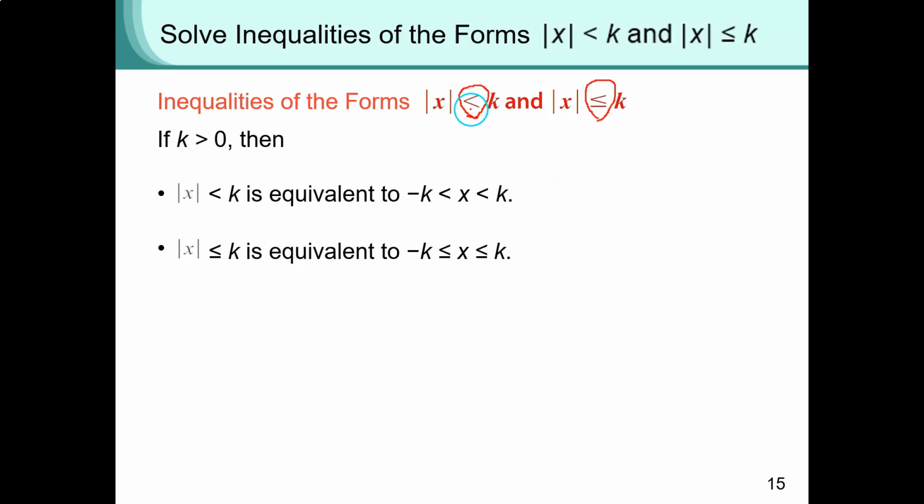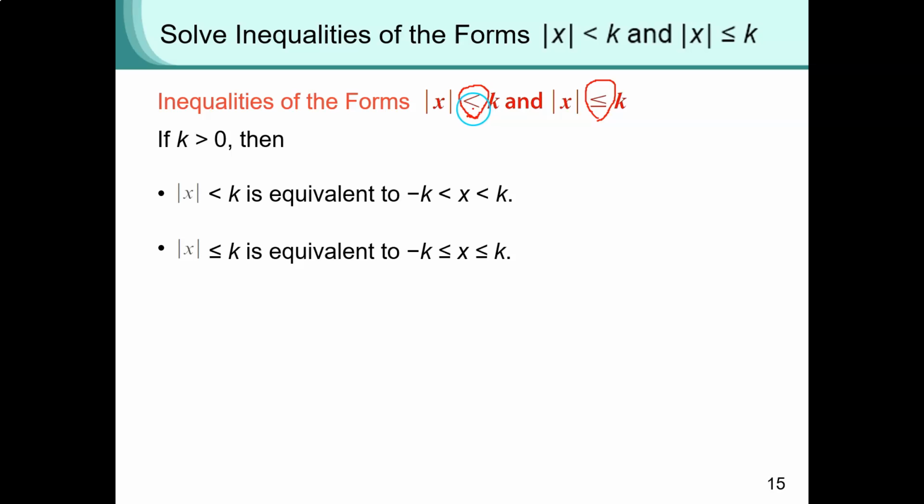The difference is only that this one doesn't have the equal sign, but this one does. But they use the same condition, if your k is greater than 0.